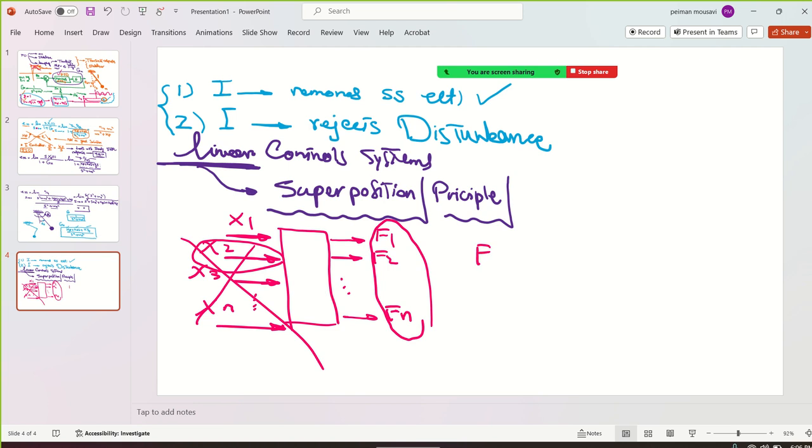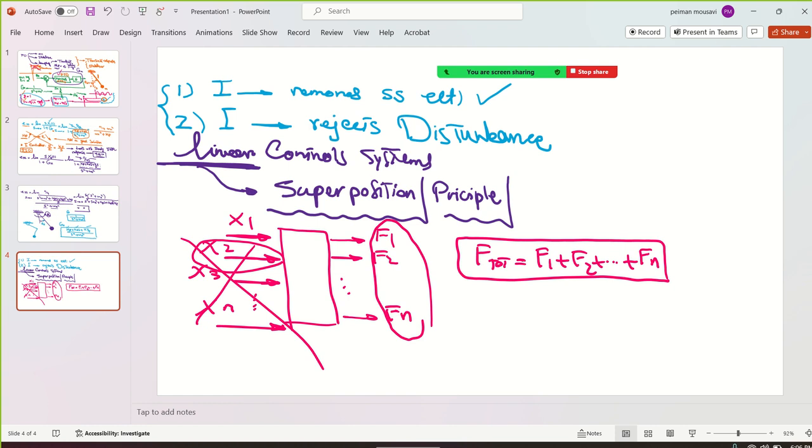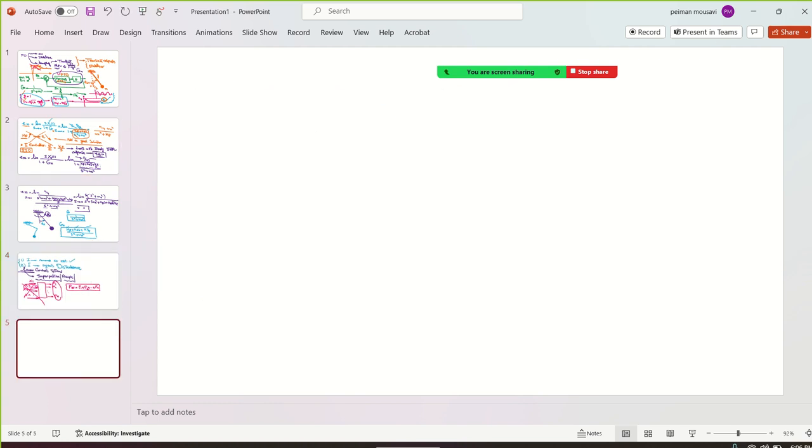I can say f total. This is a very simplified version of that: f1 plus f2 plus fn. For the linear domain, you can do that. For nonlinear, no. You got it? So now, that being said, let me go back to the disturbance, the mathematics behind it.